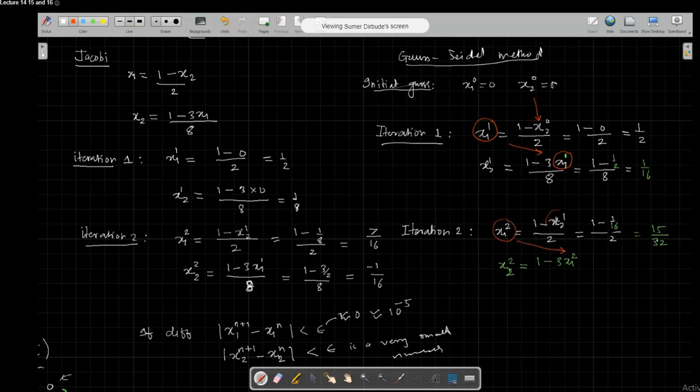And here, these values are coming from the previous one. New guess value. These are new guess values. This is the latest guess value. 1 minus 3 into 15 divided by 32, 8, and you can get this.